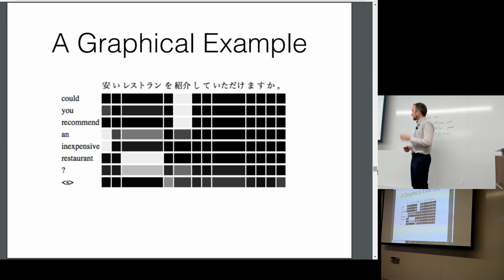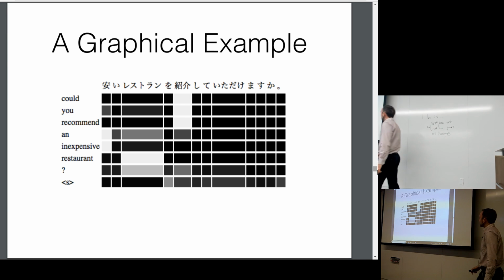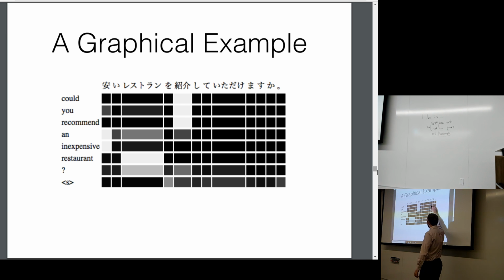So a graphical example of this is here. If you're doing translation from Japanese to English, when you generate the first English word, your attention weight basically is putting most of the weight on this particular word here. When you generate the second word, it's still focusing here. This happens to correspond to "recommend".